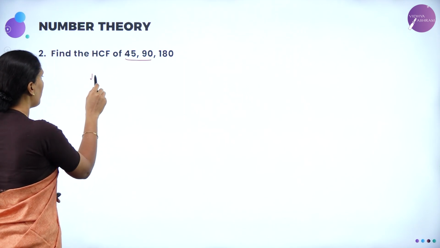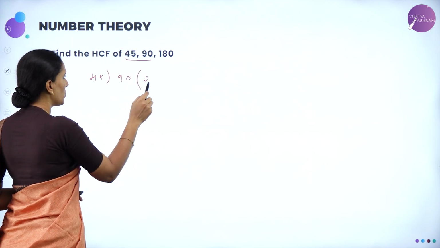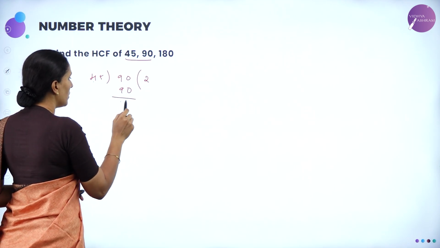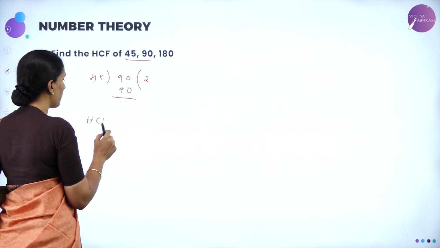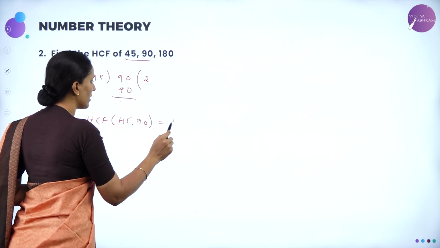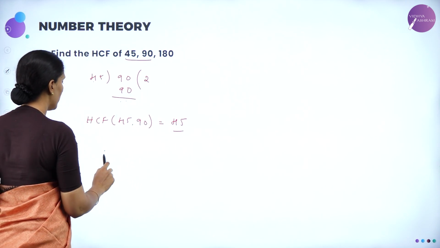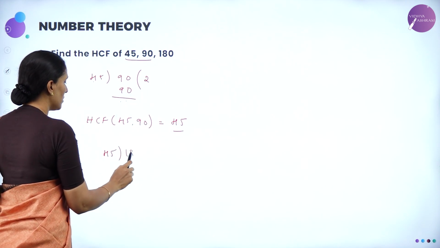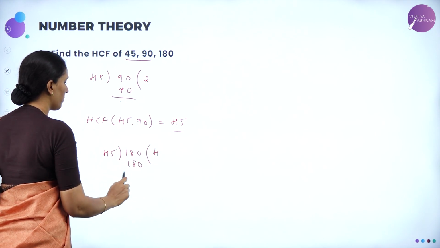Once you divide 90 by 45, clearly 45 2s are 90. So clearly we are getting 0. That means the HCF of 45 and 90 is 45 itself. Now divide again 45 and 180. So 45 4s are 180.